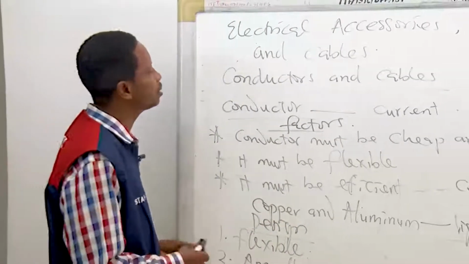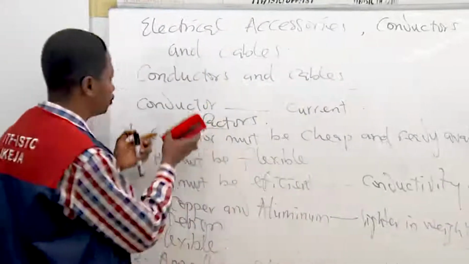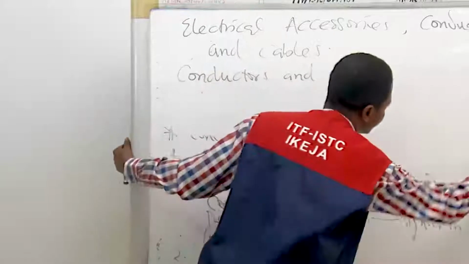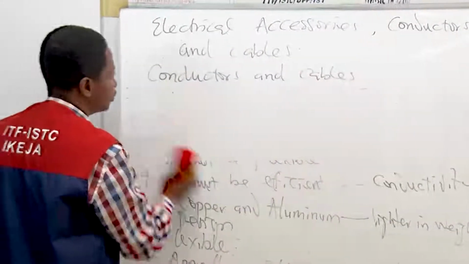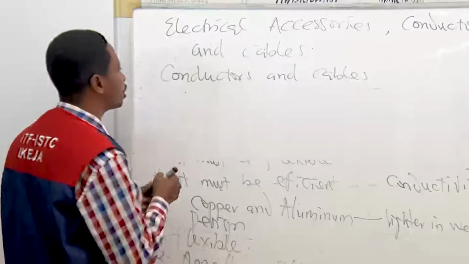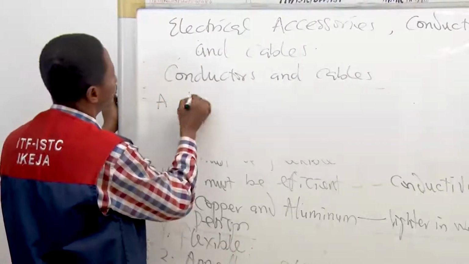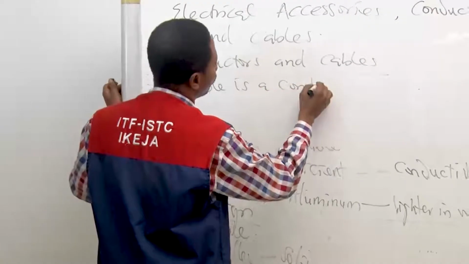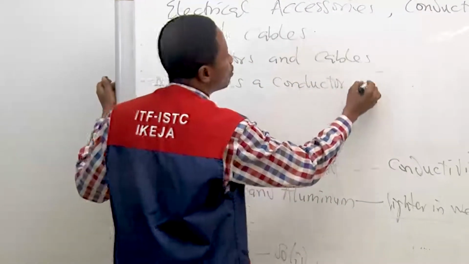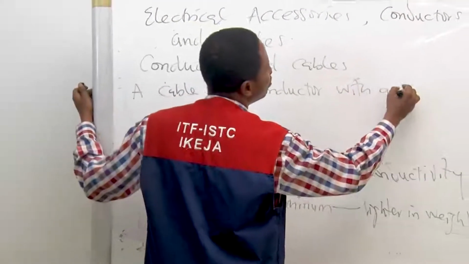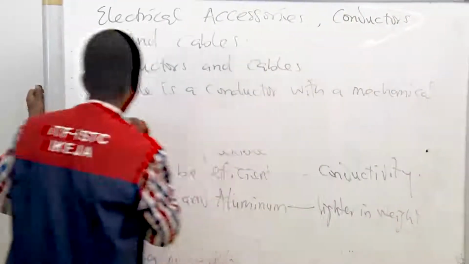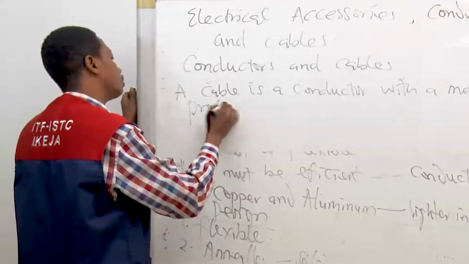Now, what is a cable? I've talked about conductor. What is a cable? A cable is a conductor with a mechanical protection.